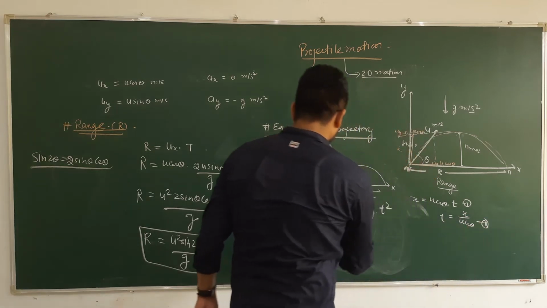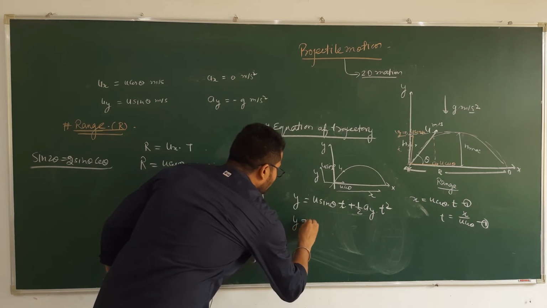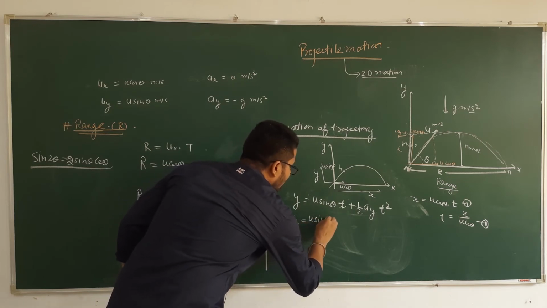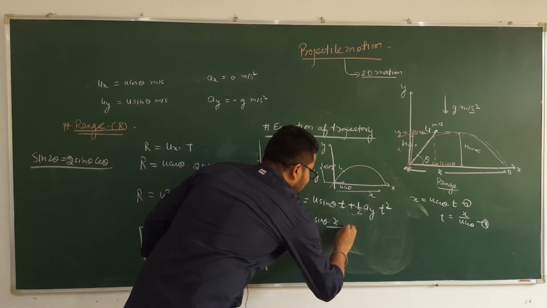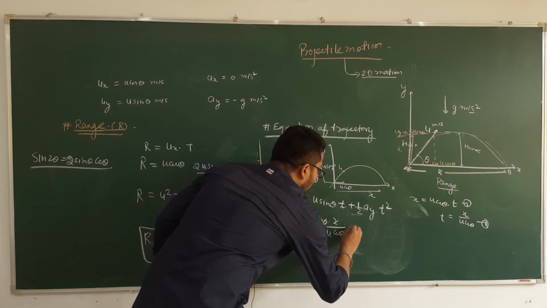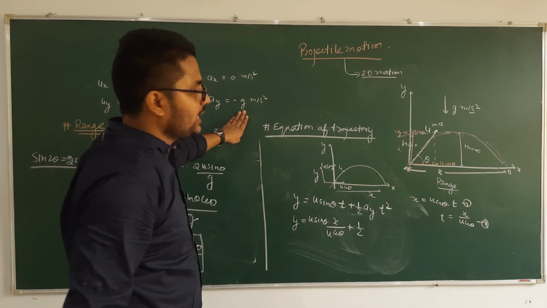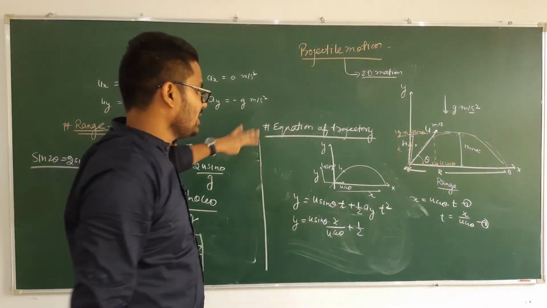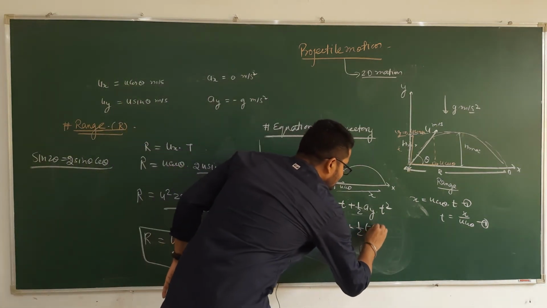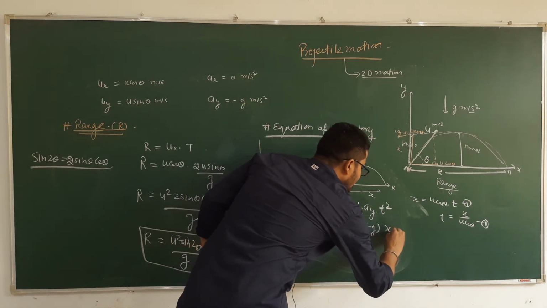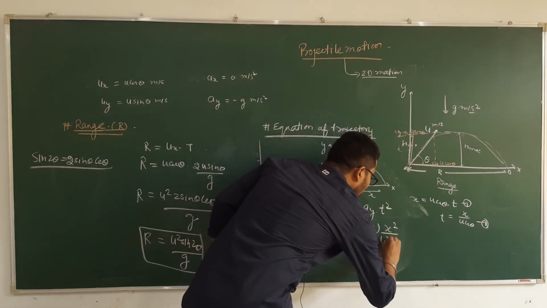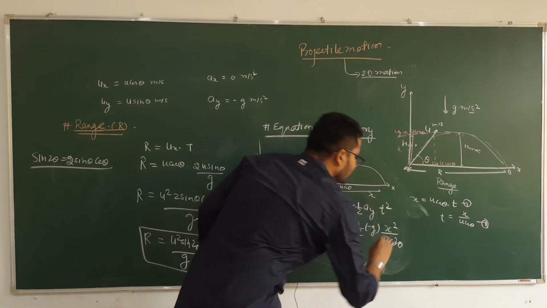Okay, so put t here. So y is equal to u sin theta, value of t is x upon u cos theta, plus half, vertical direction acceleration is minus g, the value of t square is x square upon u square cos square theta.